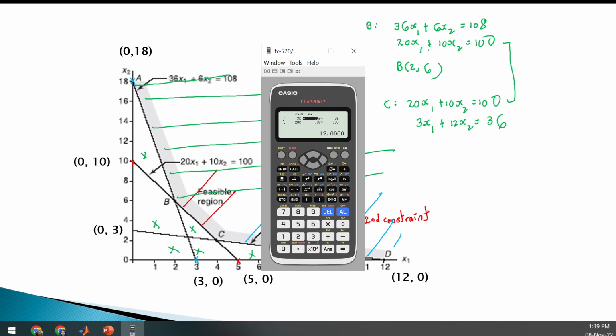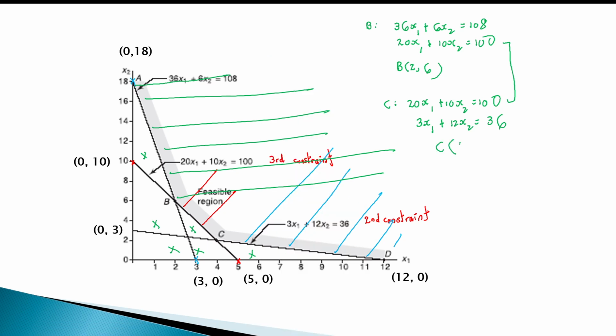The second equation was already input while finding corner point B. So I obtain x1 is 4, x2 is 2. So C is actually 4, 2.